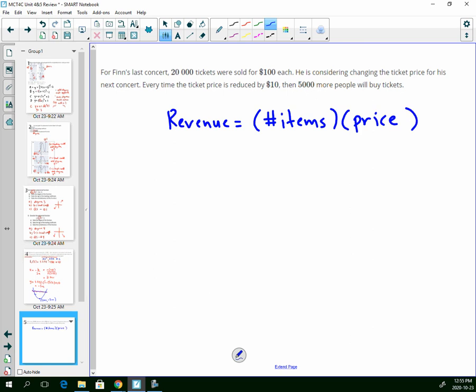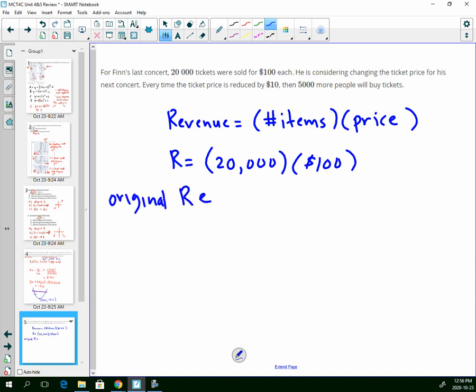Okay, so in this case, at the concert, they sold 20,000 tickets for $100. So originally the revenue was 20,000 tickets at $100 each. Right, so let's look at what the original revenue was.